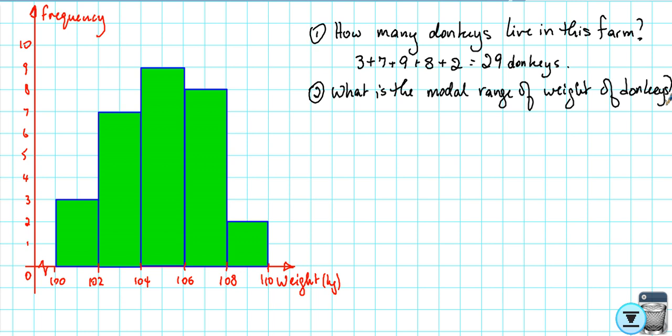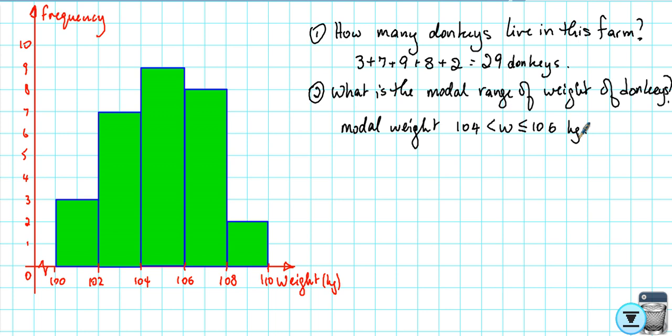There were 9 donkeys which weighed between 104 and 106 kilos. So, the modal weight is going to be between 104 and 106 kilograms. That is the modal weight.